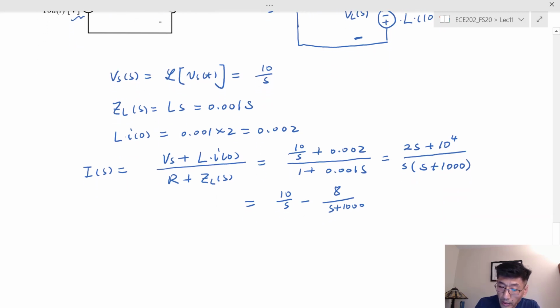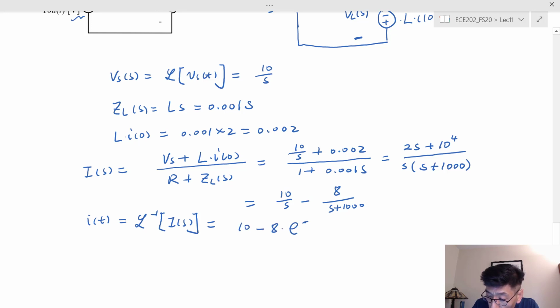Then doing the inverse Laplace transform of I sub s, i of t is equal to 10 minus 8 e to the minus 1000t, times u(t). The unit is amps. So that's the current.